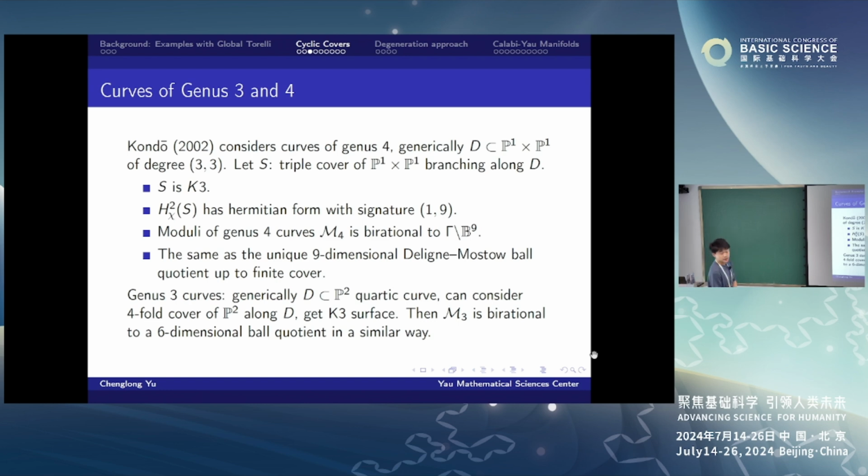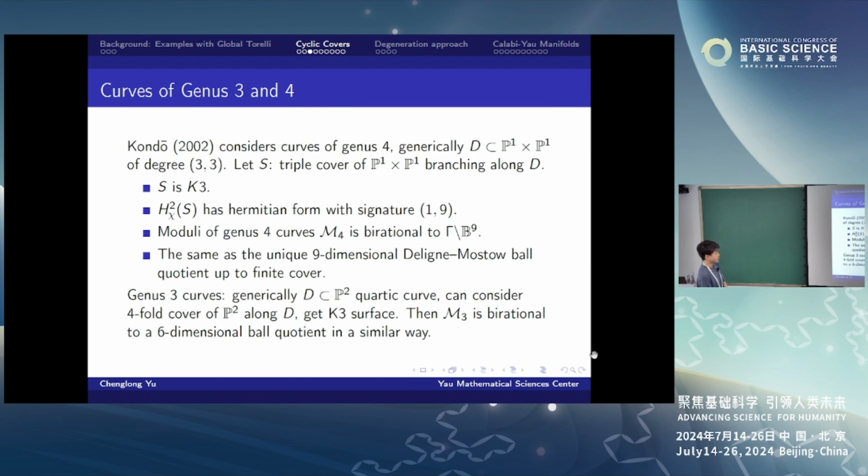So if we consider a lower genus example, for example curves of genus 3, then by canonical embedding, it will be a quartic curve, a degree 4 curve in P2. We can consider the degree 4 cyclic cover of P2 branched along D. This is also a K3 surface.